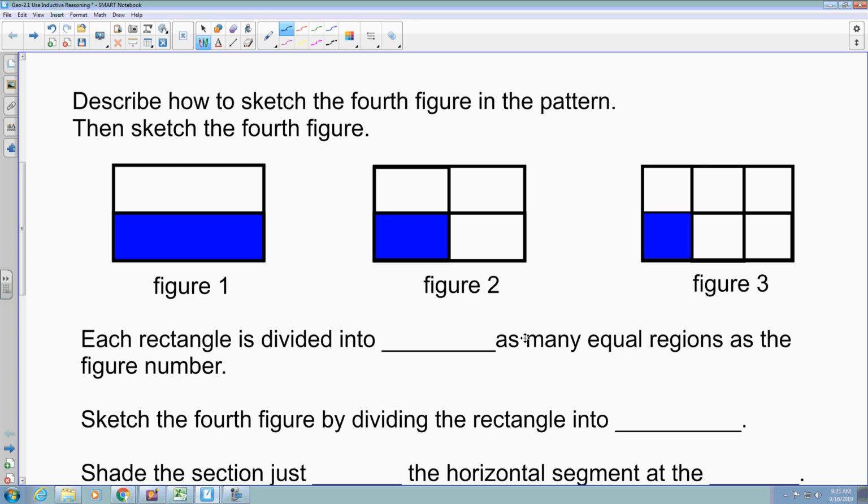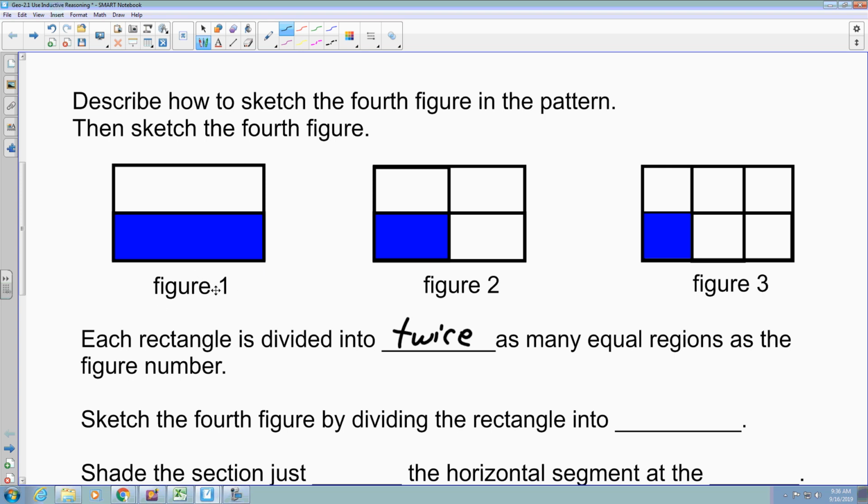So it says each rectangle is divided into blank as many equal regions as the figure number. So it looks like it's divided into twice as many equal regions as the number.